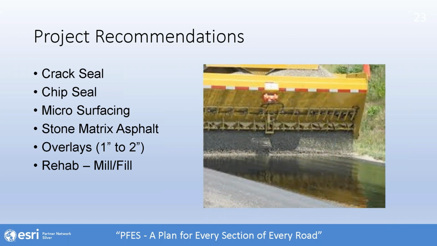Chip seals, the model will restrict where you can do those for most agencies. Most agencies don't want those in urban areas, high-speed roads. Most agencies will put chip seals on in dry areas. The model will recommend crack sealing beforehand, applying the chip seal a year later, and then the model will credit a reset for cracks.